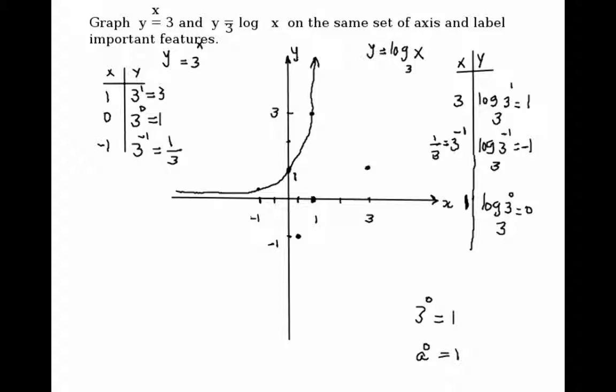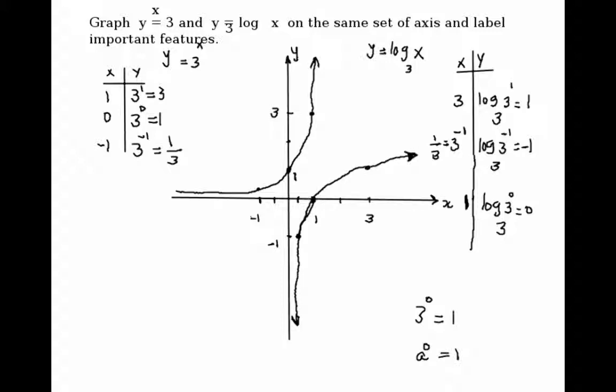So my graph is going to pass through this point here. So the graph looks like this. You get closer and closer to 0 from this side, and it would look like that.